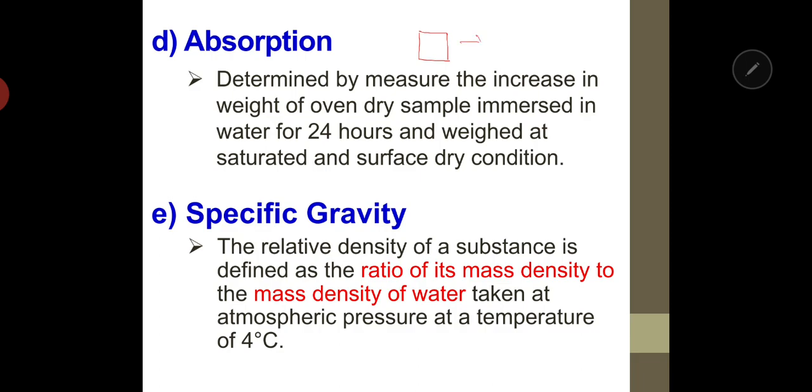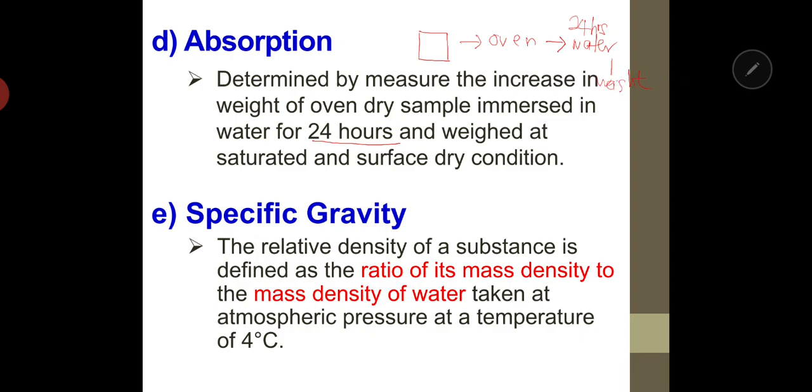Put it into the oven, and then after the aggregates are oven dried, put them in water, and then we measure the aggregate absorbing water for 24 hours, then wet at the saturated and surface dry condition. So after oven drying, and then putting it in the water for 24 hours, after that, you weigh the aggregates.